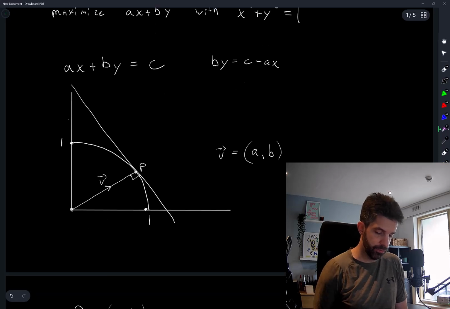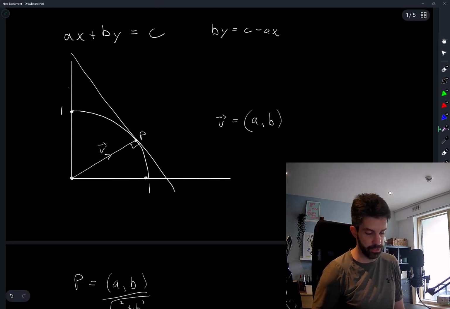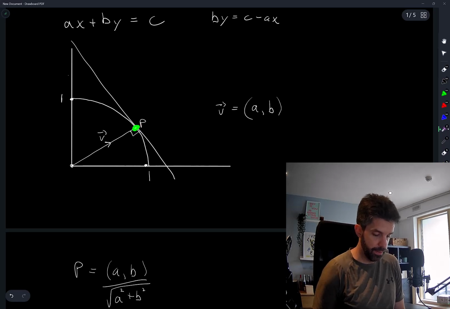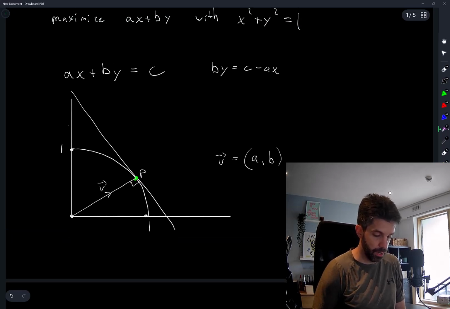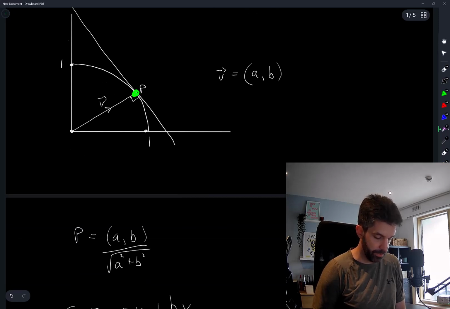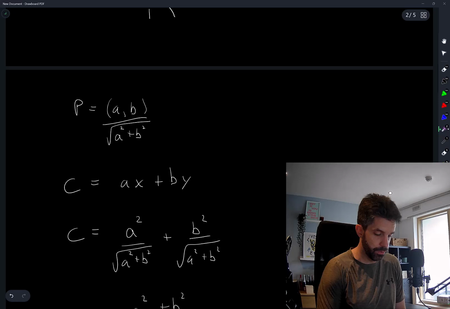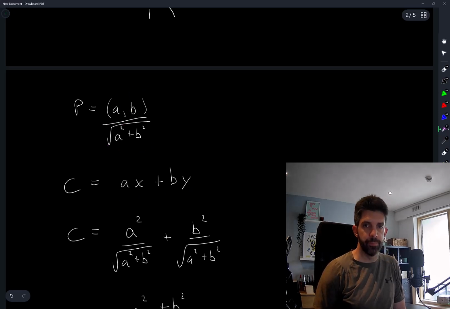I've translated it into a geometry problem. That point is on the line and on the circle. The fact that it's on the circle means we can find the coordinates very easily, and the fact that it's on the line means that when we substitute this value of x and this value of y in, that gives us the maximum value of ax plus by.